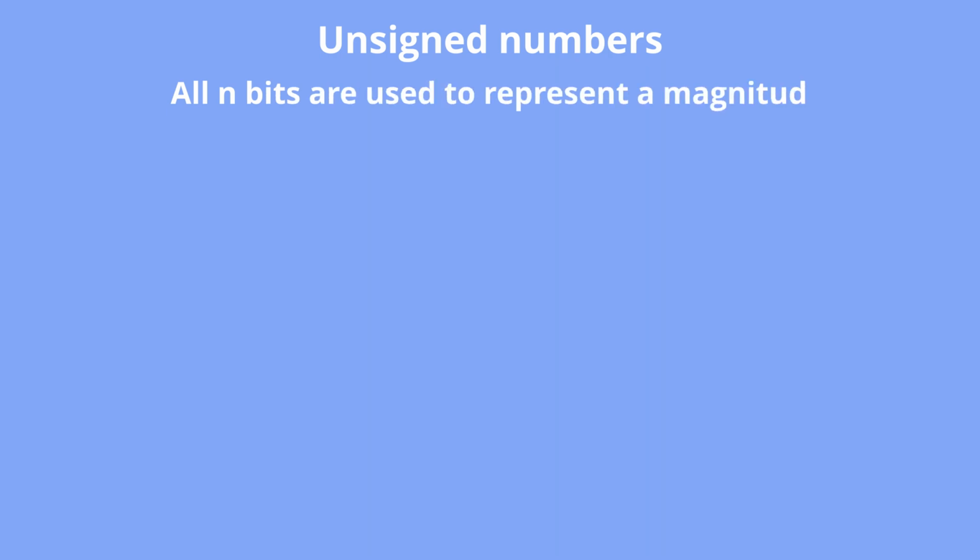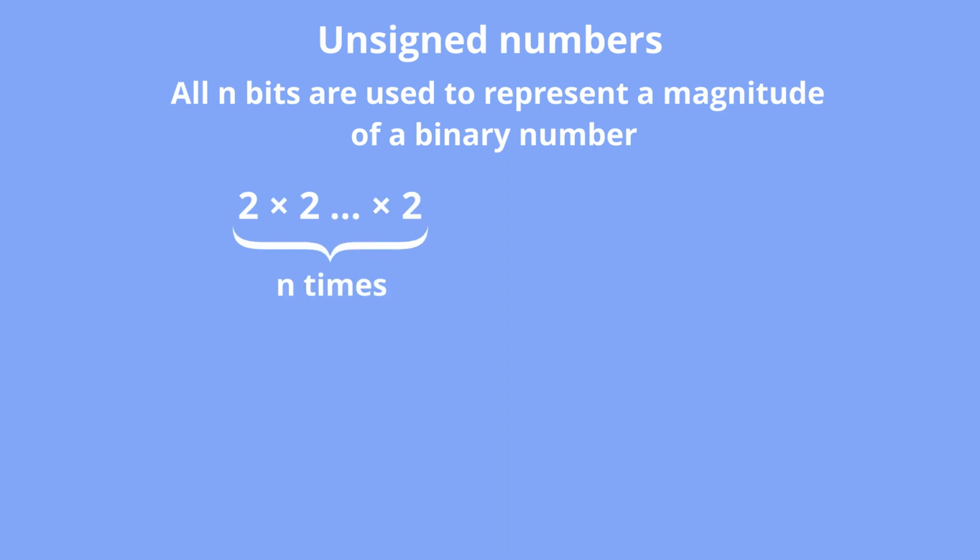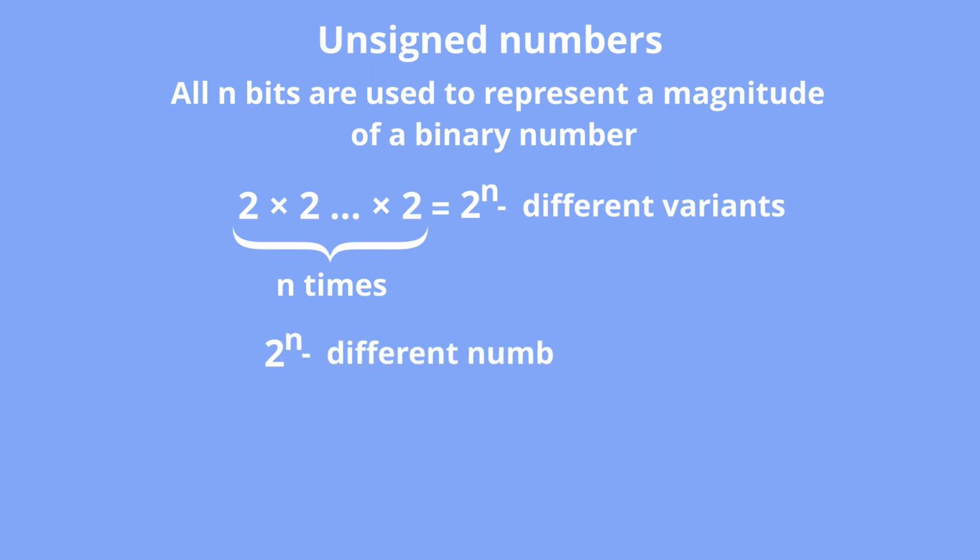In unsigned binary numbers, all n bits are used to represent the magnitude of a binary number. 2 times 2 times 2 and so on n times equals 2 to the power of n. So there are 2 to the power of n different variants that can represent 2 to the power of n different numbers.